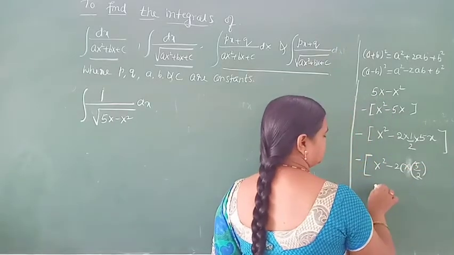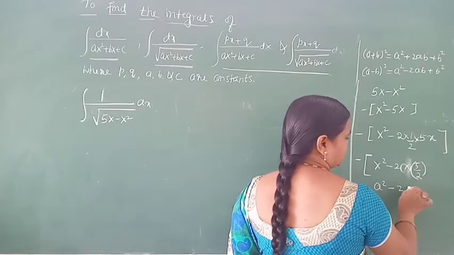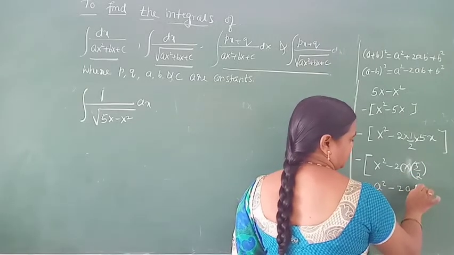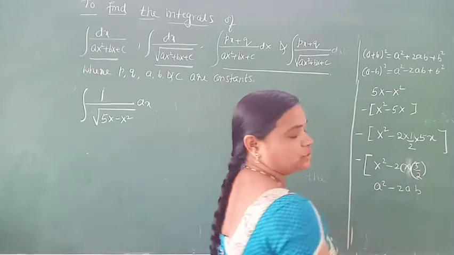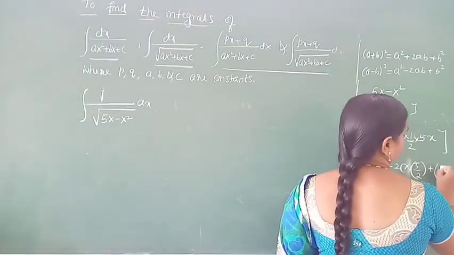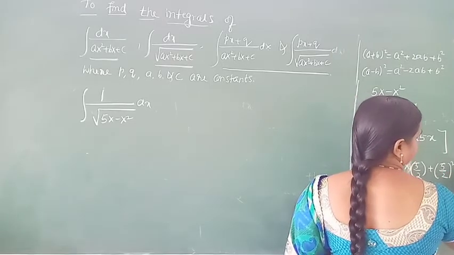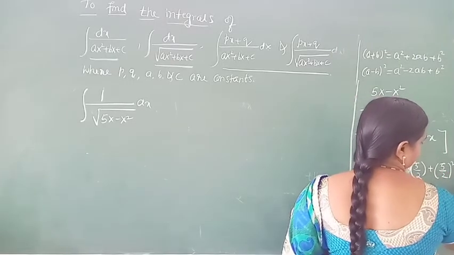Why, I will tell you. This is in the form of a square minus 2ab. What is your a? x. And b is what here? 5 by 2. Means what we are doing here? b square, that is 5 by 2 the whole square, adding and subtracting.